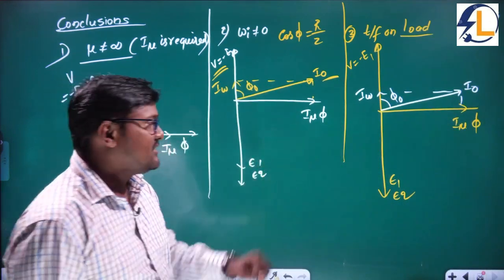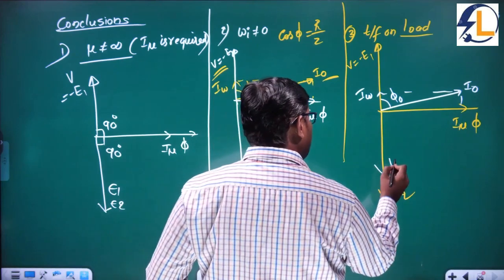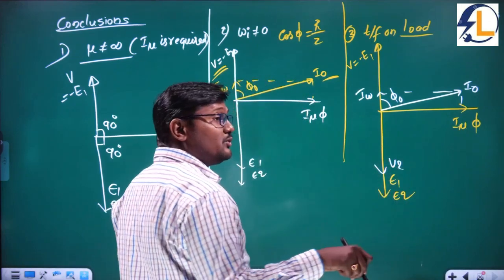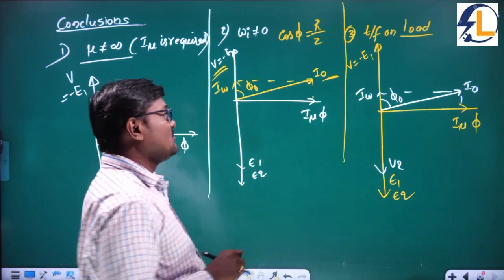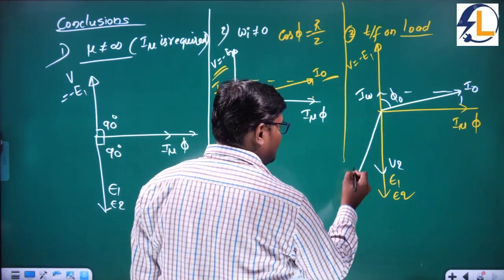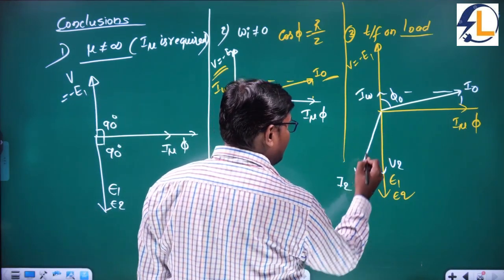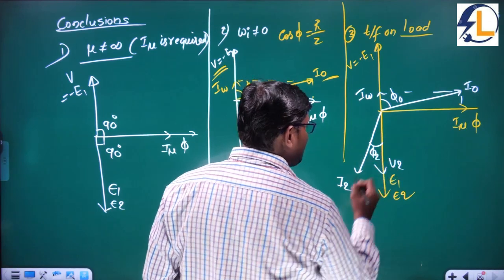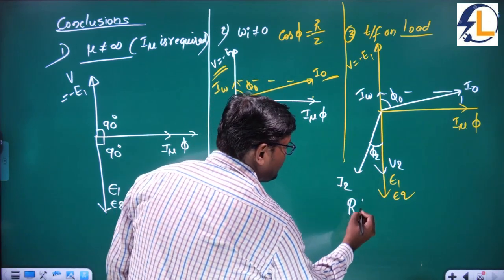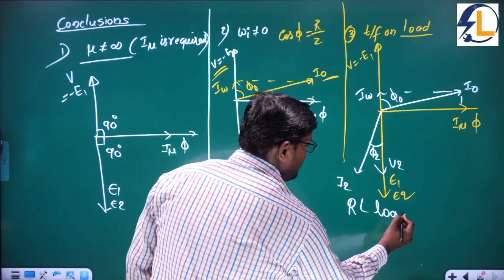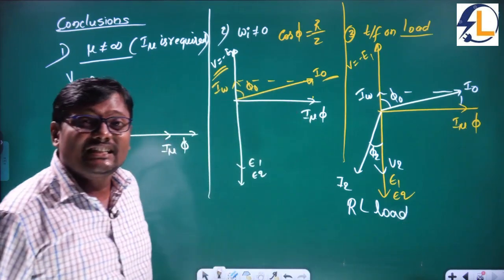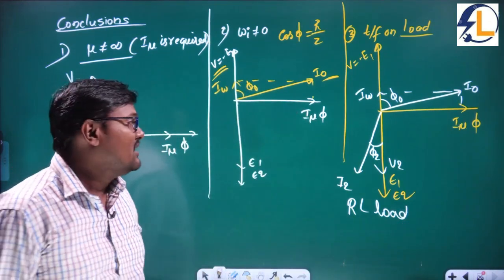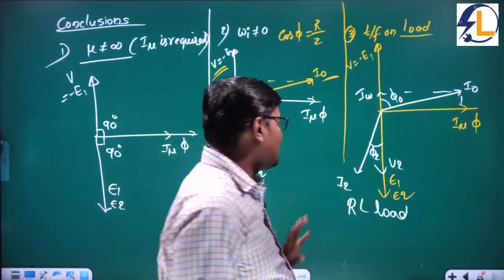Once the transformer is loaded, what will happen with respect to V2? Not with respect to E2. With respect to V2, this is for lagging current. Now you understood what lagging means. RL load. If it is a 90 degrees pure inductive load, pure inductive current is always lagging.